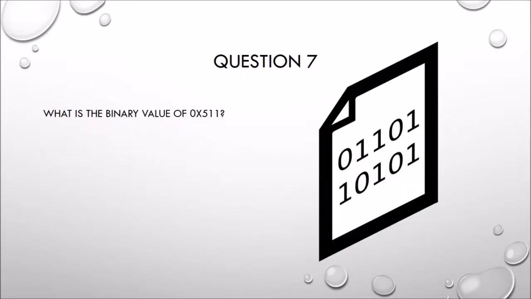Question 7. What is the binary equivalent of the hexadecimal value 0x511? Now we know that this is a hexadecimal value because it starts with 0x. A. 10100001100. B. 10101010101.